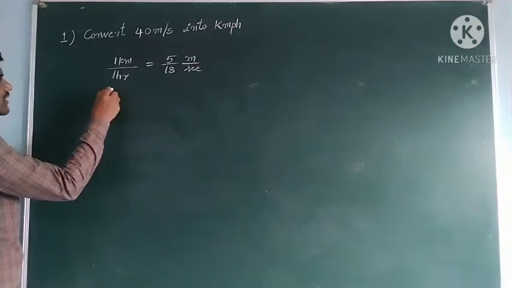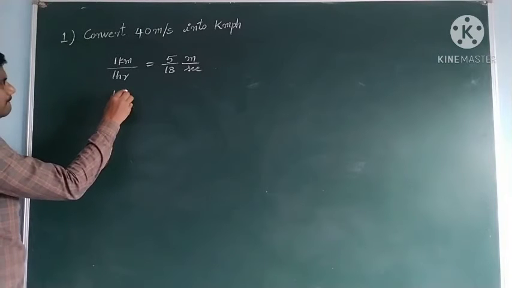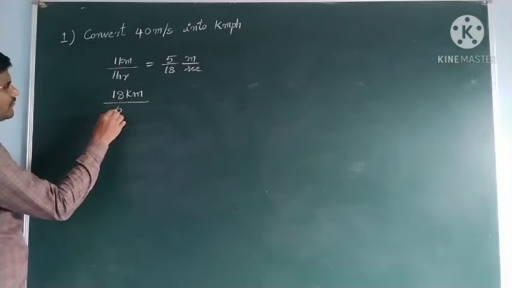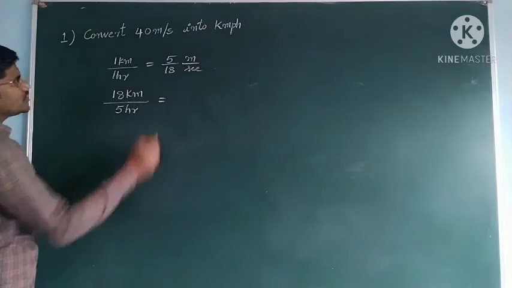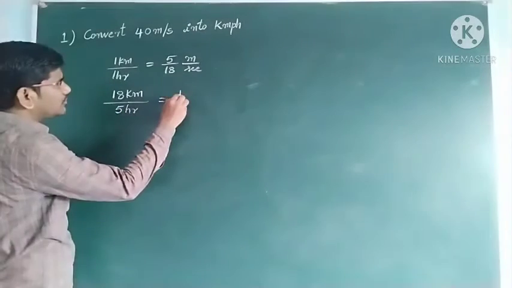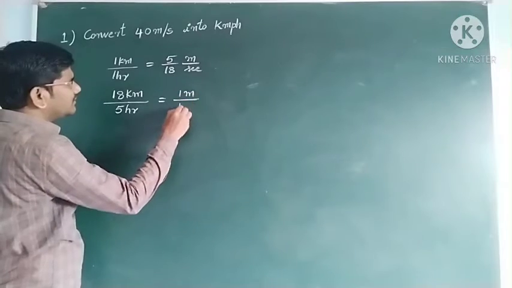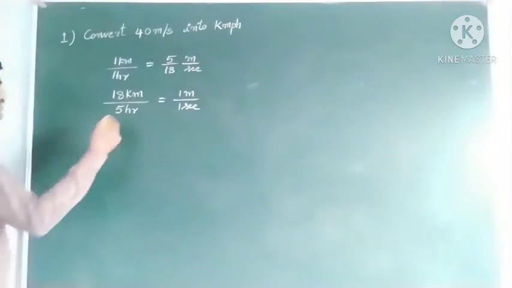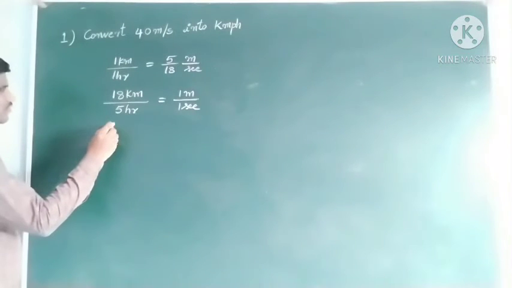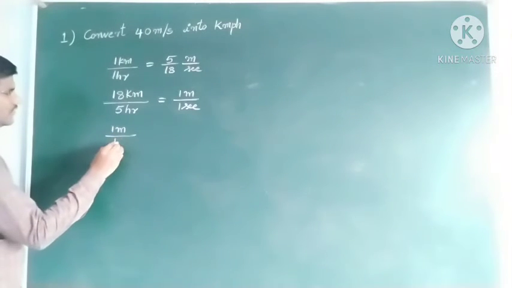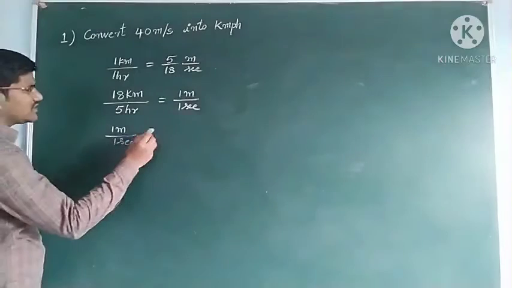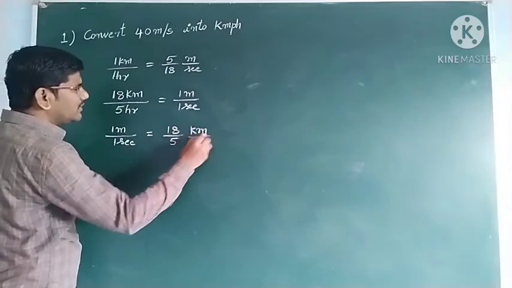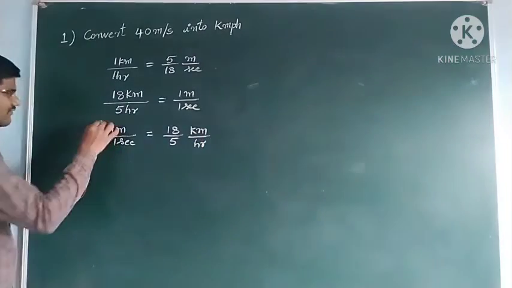Now we are doing cross multiplication. 18 kilometer by 5 hours is equal to 1 meter by 1 second. So 1 meter by 1 second is equal to 18 by 5 kilometer per hour.